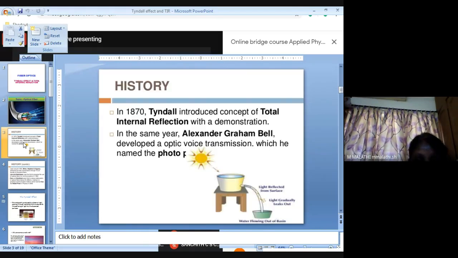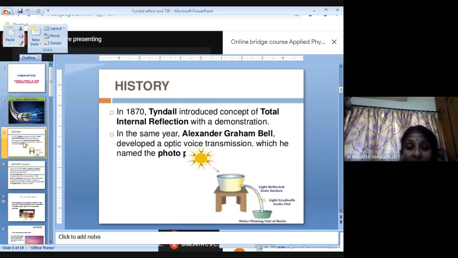Now, see this optical fiber construction. How did this idea come, that through the glass needle we can use a light wave as a carrier wave and carry the information signal over a longer distance?